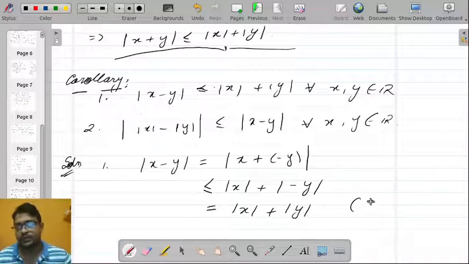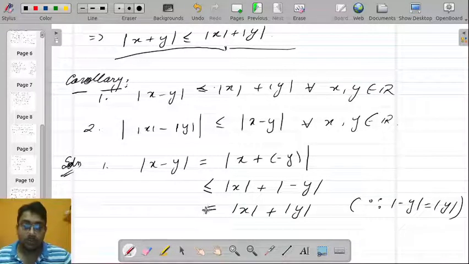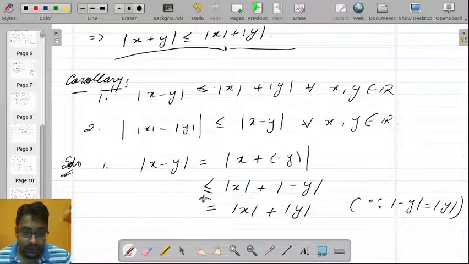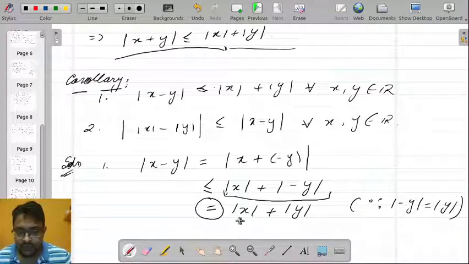Okay, you might be wondering why I have written this equal to here. Why not less than or equal to? Actually from this step to this step it's an equality, because mod of minus y is the same as mod of y.